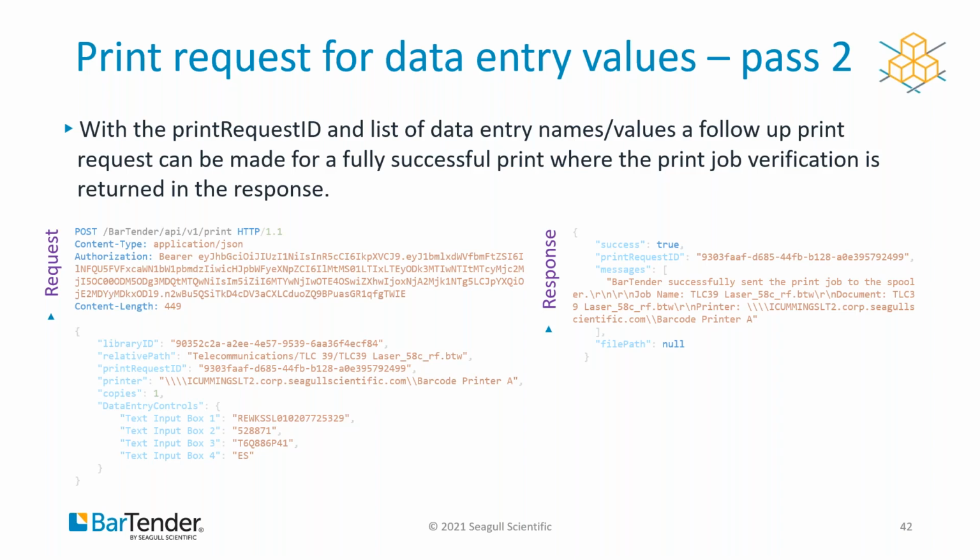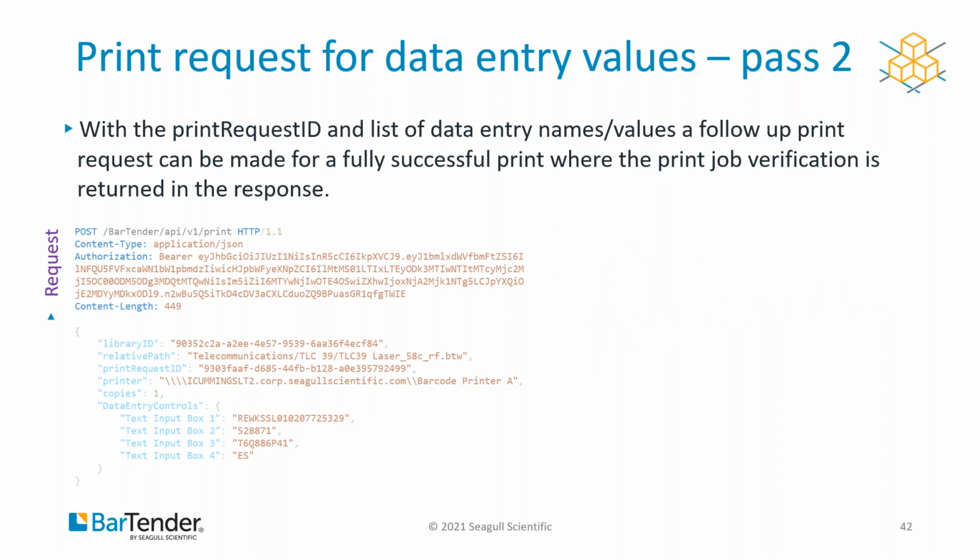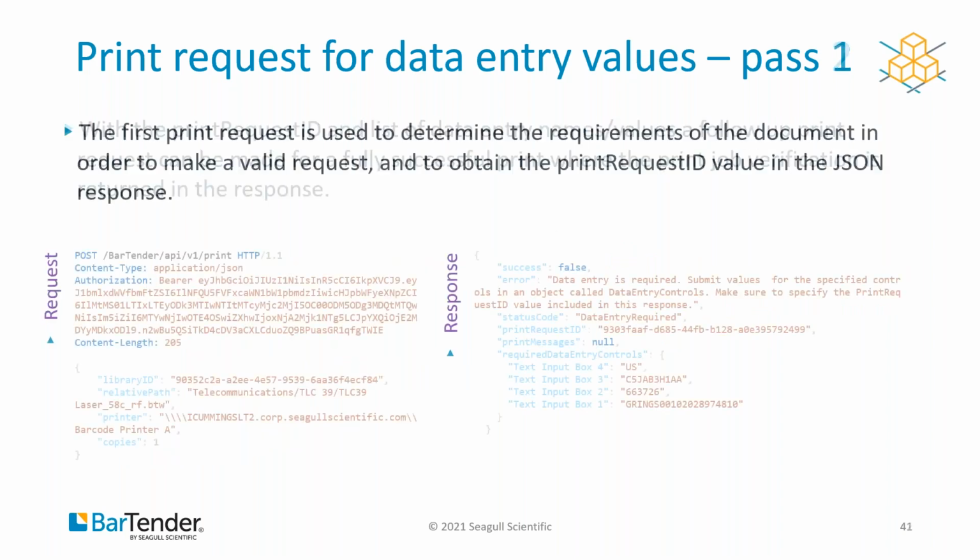It should be noted that with this two-step process, at the first step, I'll go back to this page, where we make the request, you'll notice that it does return a print request ID.